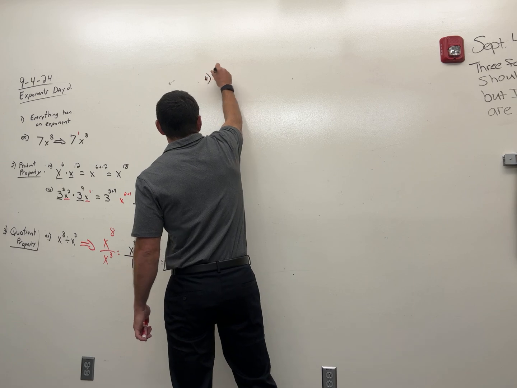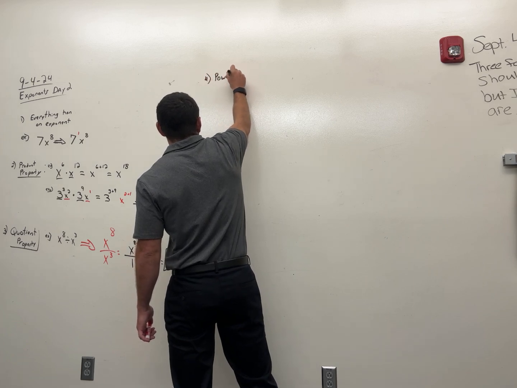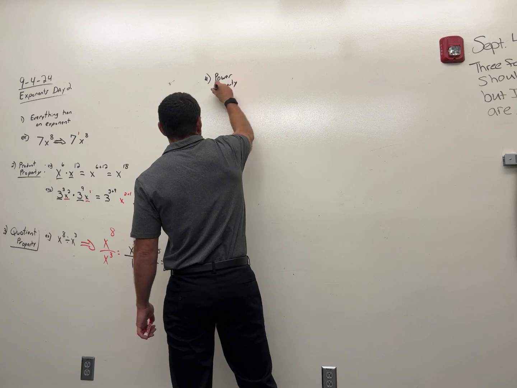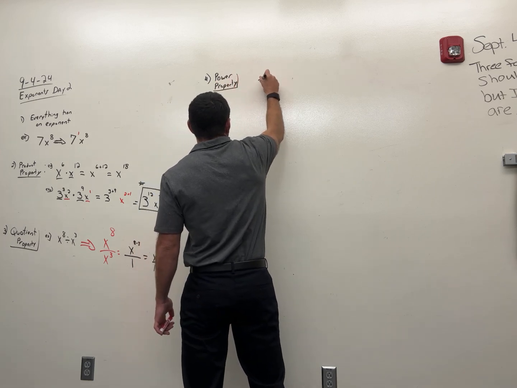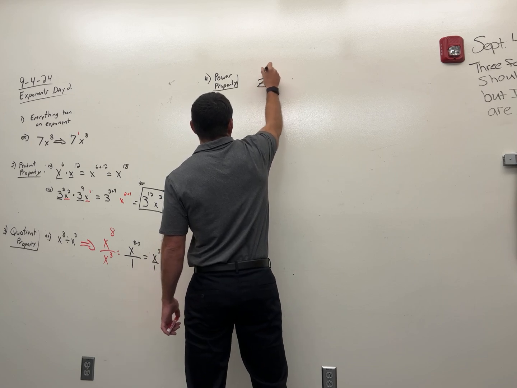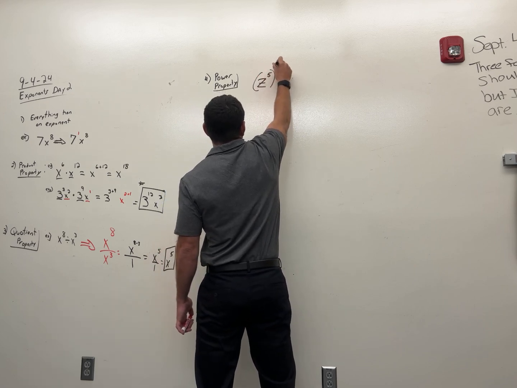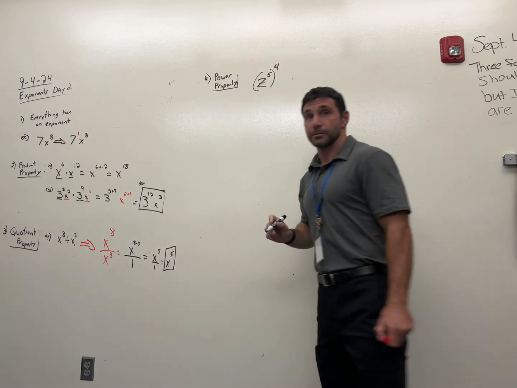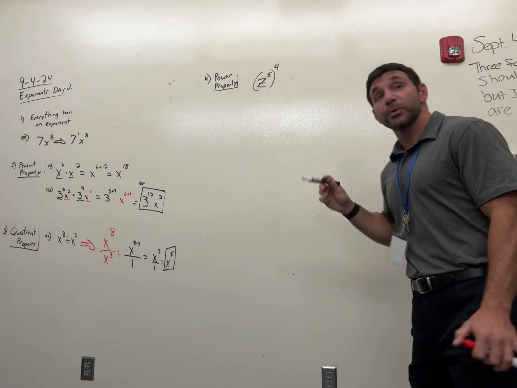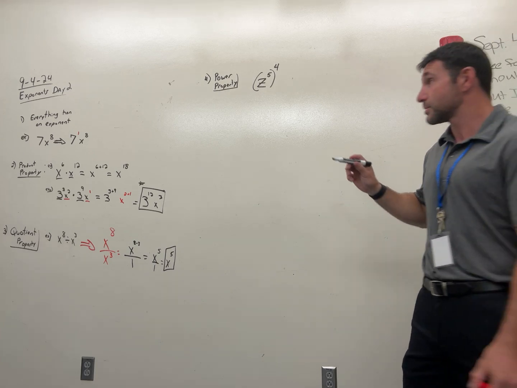We had the power property. Let's say we've got z to the 5th all to the 4th. So we have a power raised to another power. What we do here is we multiply the exponents.